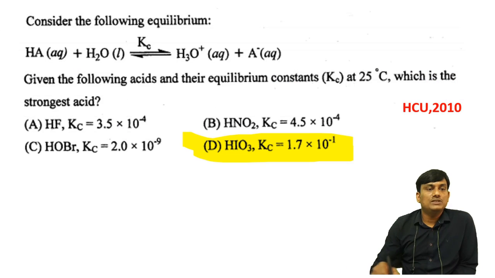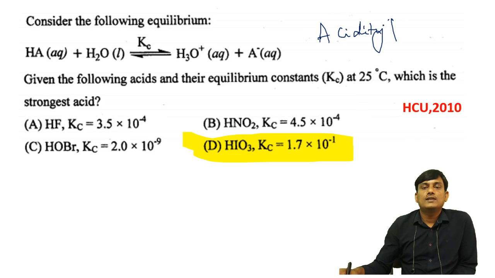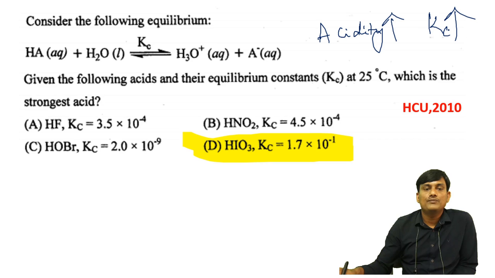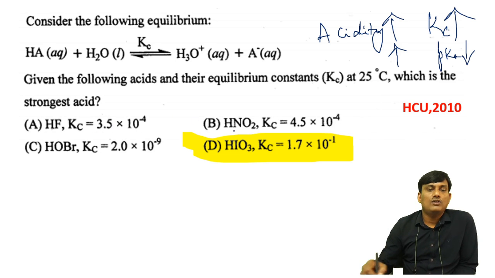Consider the following equilibrium. Given the following acids and their equilibrium constants, which is the strongest acid? Acidity increases with increase in Kc. The more the Ka value or the Kc value, the more the acidity. Also, acidity increases with the decrease in pKa value. Here Kc values are given, all these are acids: 10^-4, 10^-4, 10^-1, 10^-1.